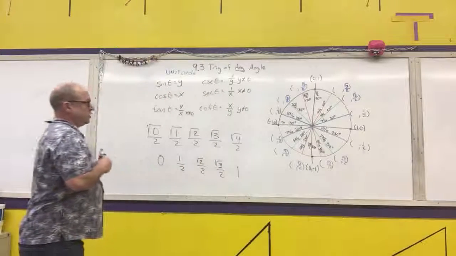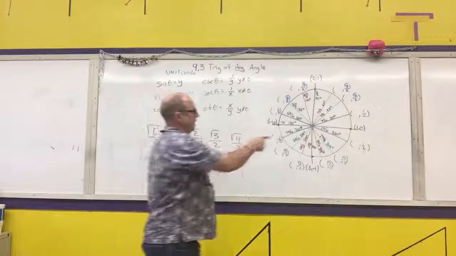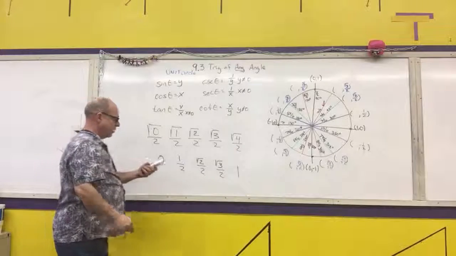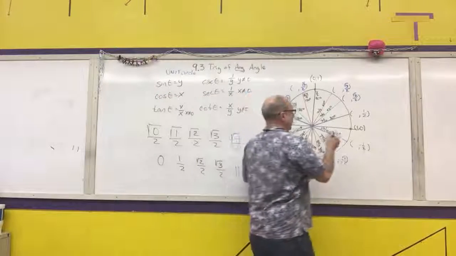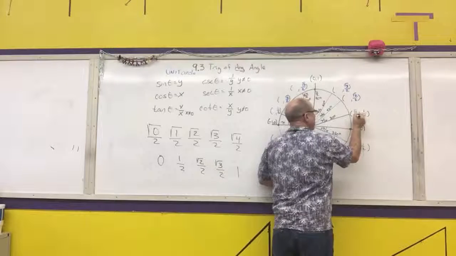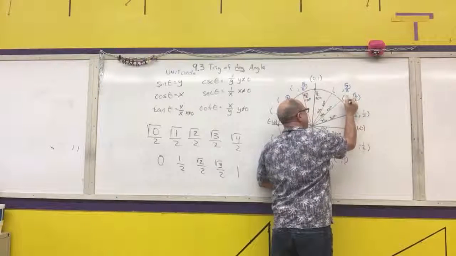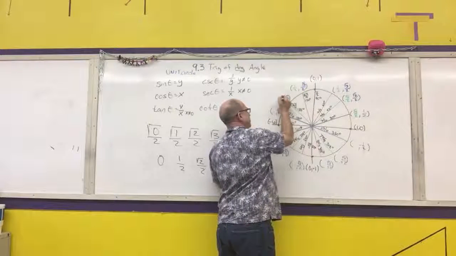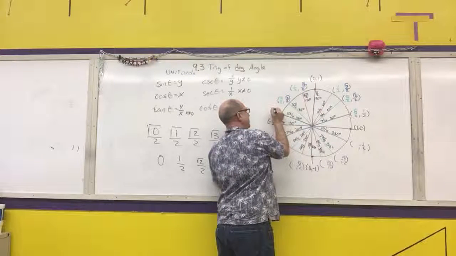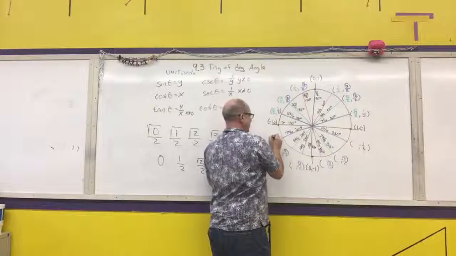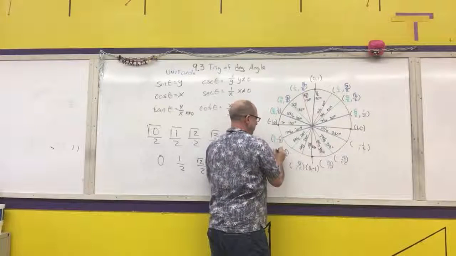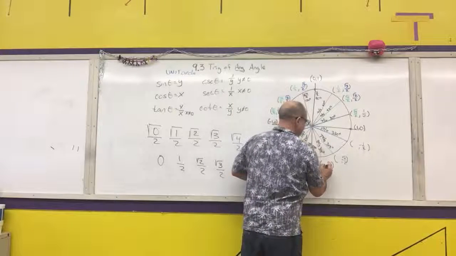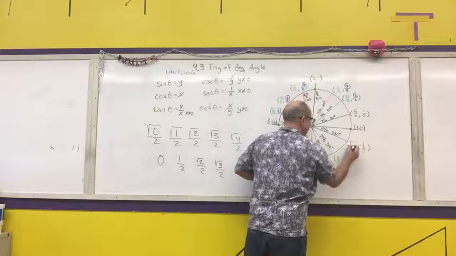So let's look at the cosines. Cosines are the x-coordinates. My x-coordinates are going from 1 to 0, so I'm going to go from 1 to 0 this way. And I get the square root of 3 over 2, square root of 2 over 2, 1/2, 1/2, square root of 2 over 2, square root of 3 over 2, 1, square root of 3 over 2, square root of 2 over 2, 1/2, 1/2, square root of 2 over 2, square root of 3 over 2.